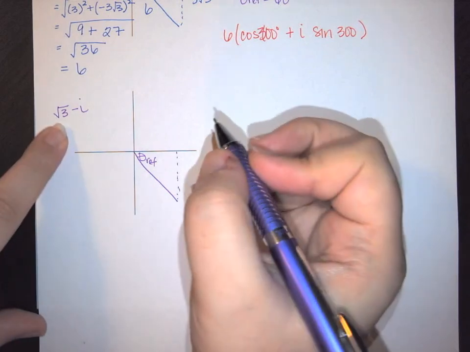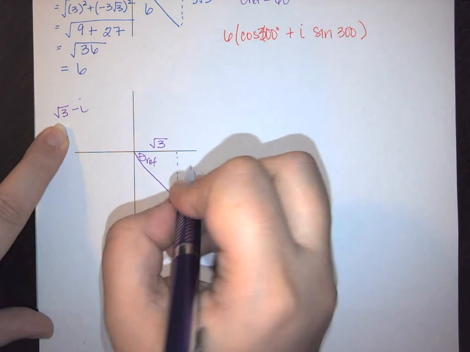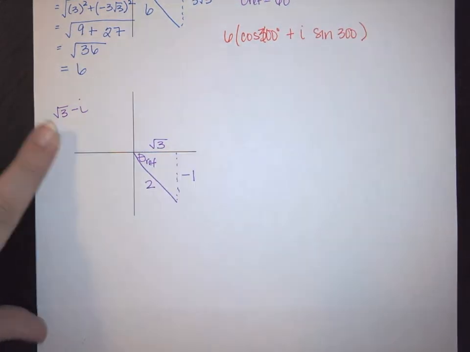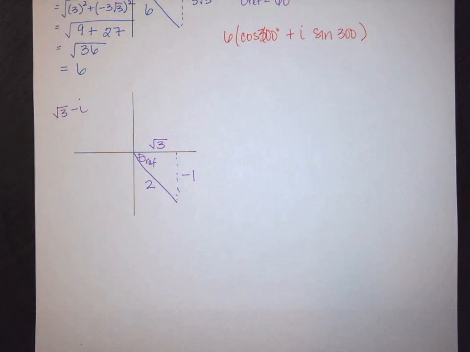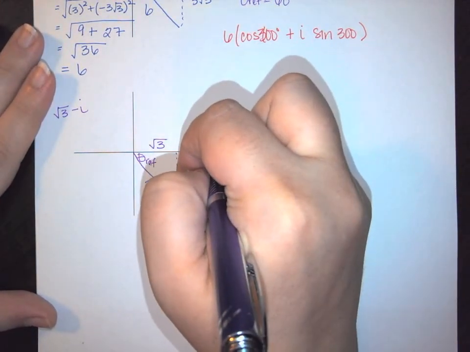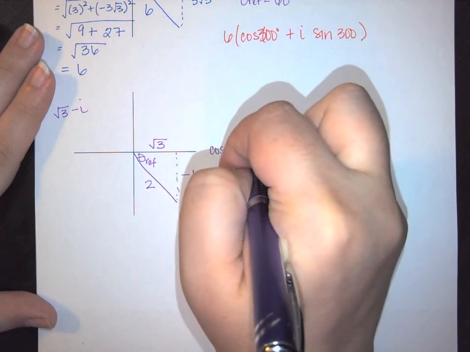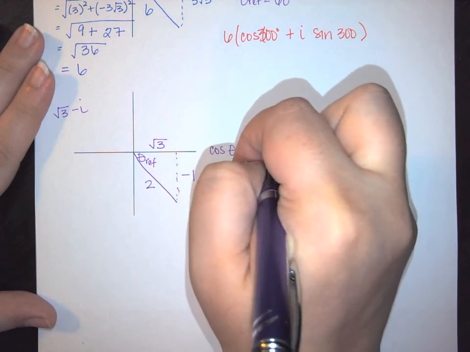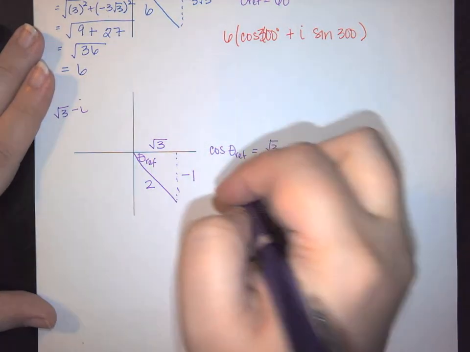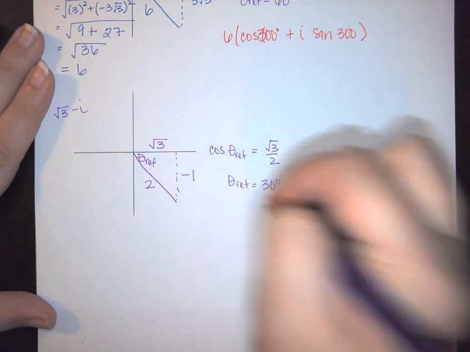We're told that my x is the square root of 3, my y is negative 1. That's going to make this my special triangle 2. Again, like before, the cosine of my reference is going to be the square root of 3 over 2, which in this case makes my reference angle 30 degrees.